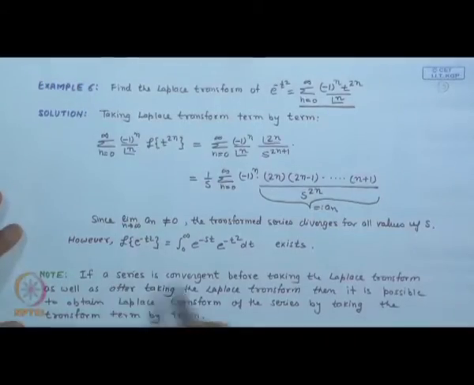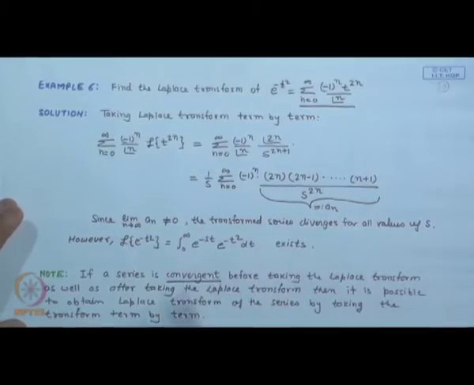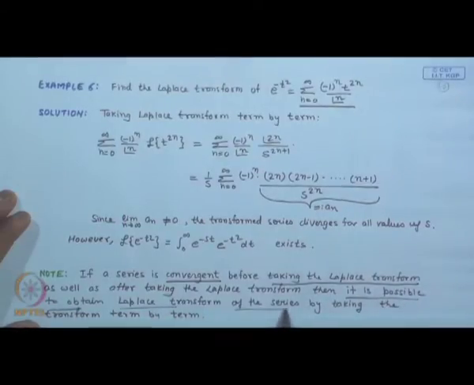Just a note about this without going much into the detail. If the original series is convergent, the given series is convergent, and the series after taking the Laplace transform is also convergent, that means both the original and the transform series are convergent, then it is possible to obtain the Laplace transform of the series by taking the transform term by term.